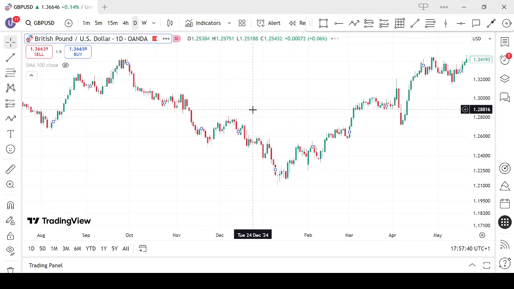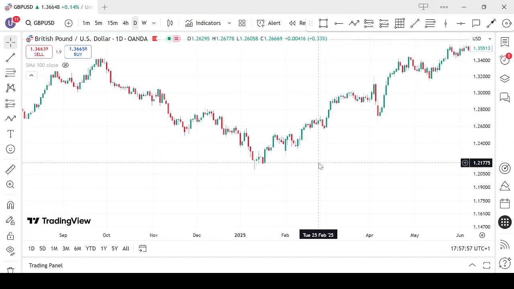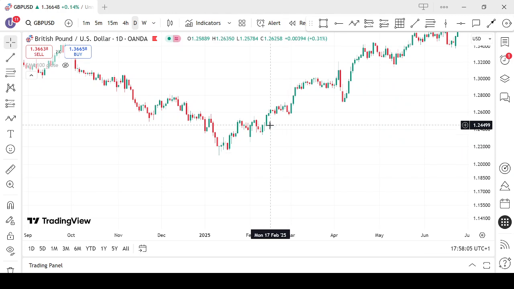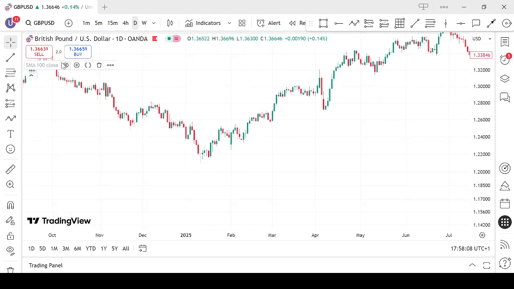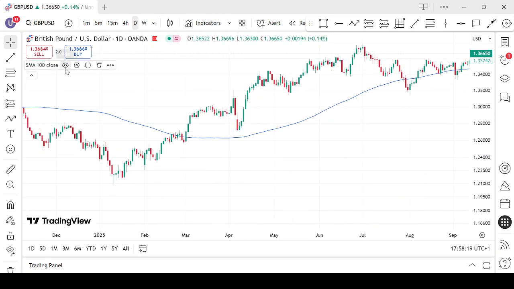Now, the main elements of swing trading include identifying the overall trend so that you can trade in the direction that increases your chance of success. The second element would be spotting pullbacks or retracements within the trend, which can often lower risk entry points. The third element is using technical indicators such as your moving average or momentum tools to confirm your trade ideas or the direction of the market.